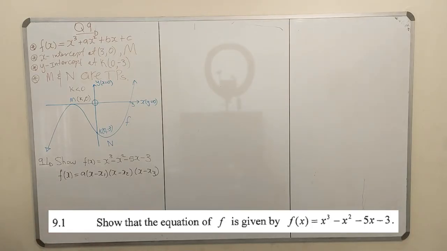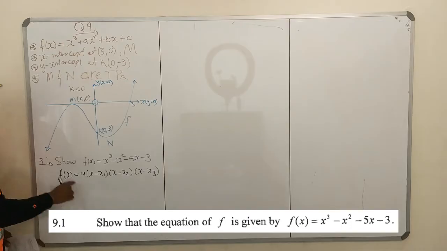This is how you find the equation of a cubic function if you are given the x-intercepts. So a here is the coefficient of x cubed of a cubic function.